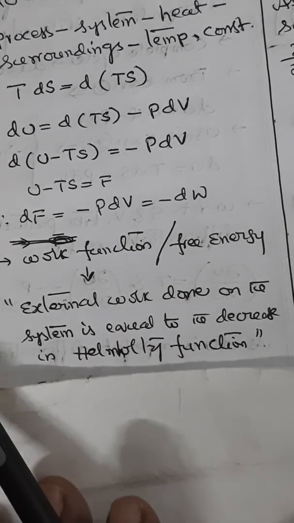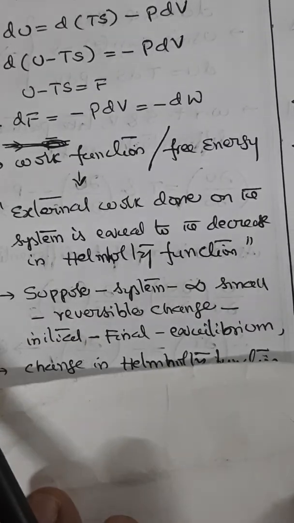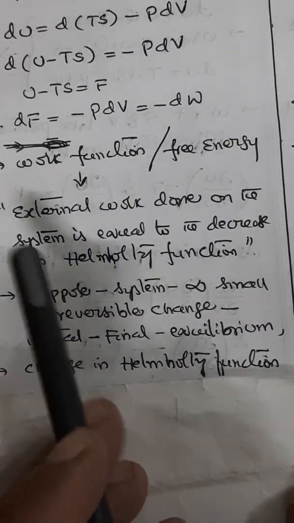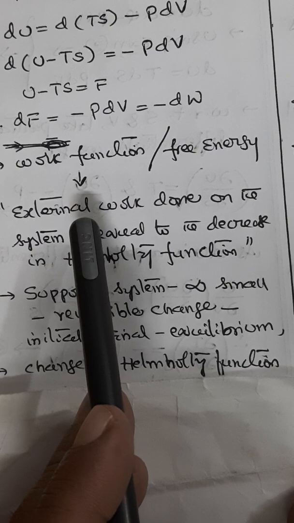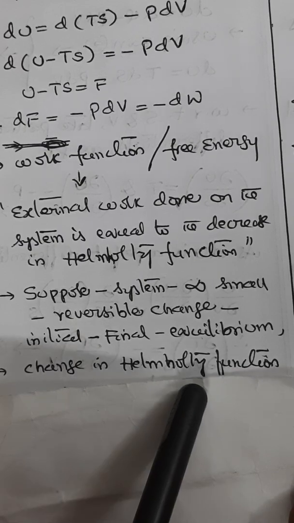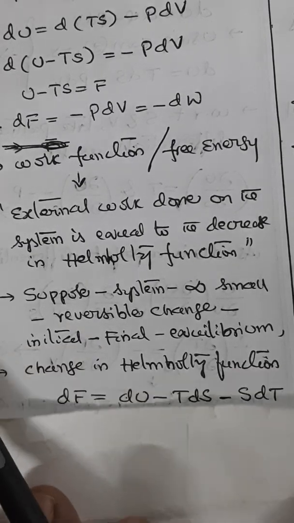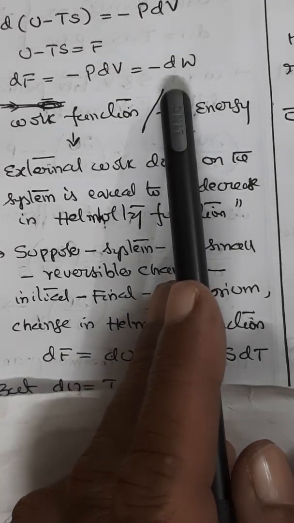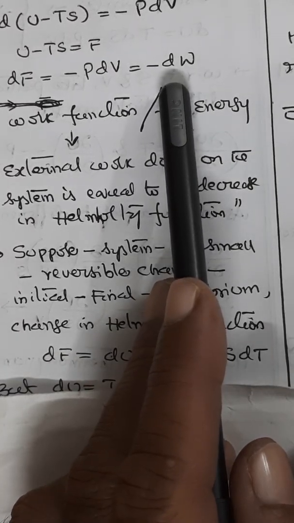Now suppose the system undergoes an infinitesimal reversible change from an initial equilibrium state to a final equilibrium state, then the Helmholtz function changes by a small amount. dW means dQ minus dU only.